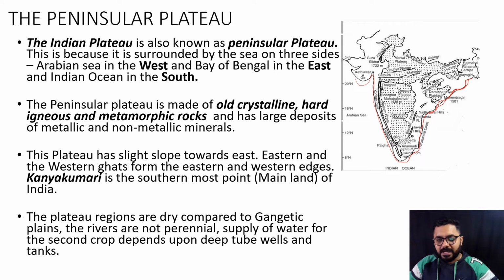If you look at the map here, from the west, India is surrounded by the Arabian Sea, to the east we have the Bay of Bengal, and to the south we have the Indian Ocean.